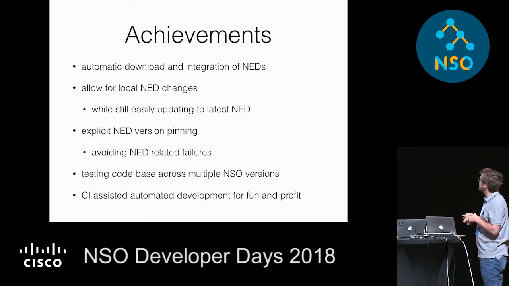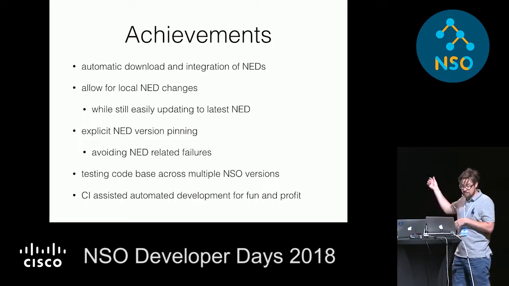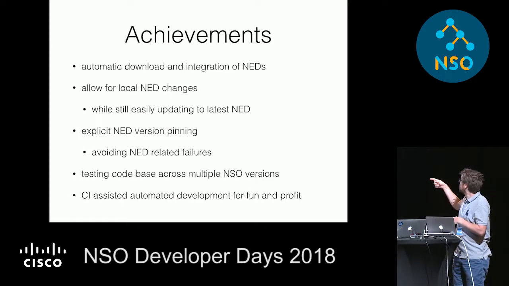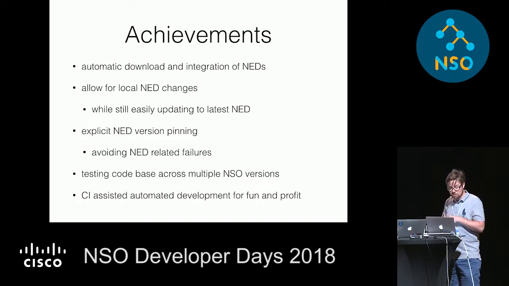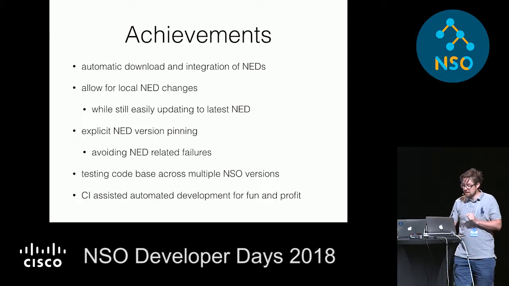Okay, automatic download integration of NEDs. We allow for simple, local NED changes while still making it very easy to update to the latest NED. We do explicit NED version pinning to get around the sort of NED-related failures that you could run into otherwise. Testing code base across multiple. Okay, that's actually coming. So it's sort of CI-assisted automated development here for fun and profit.